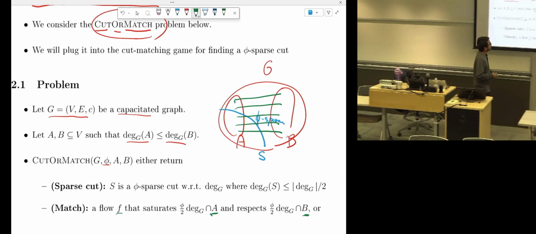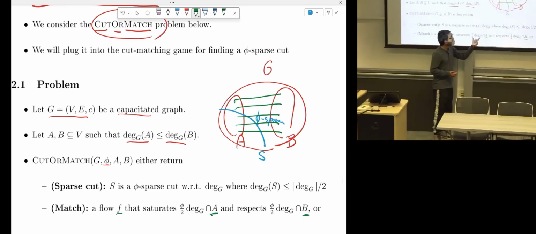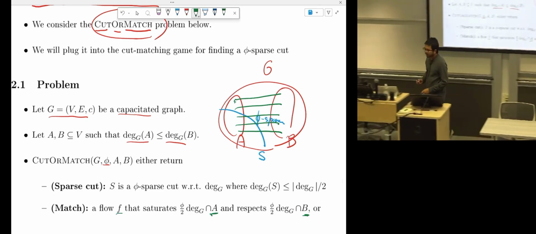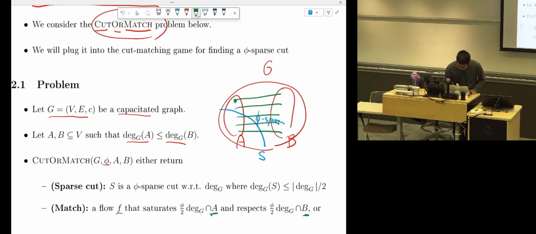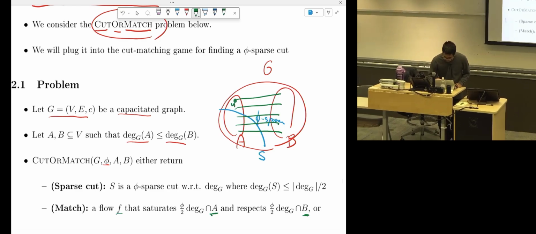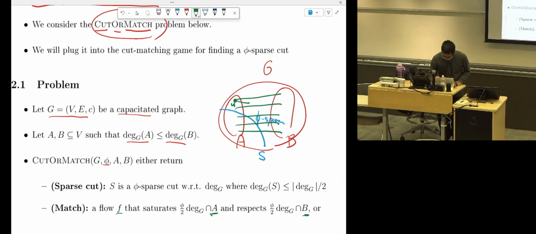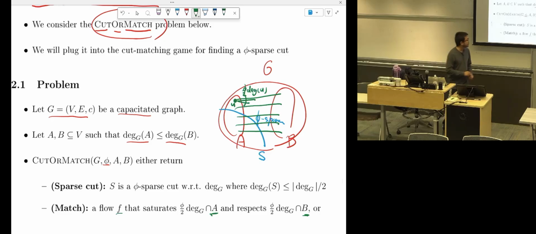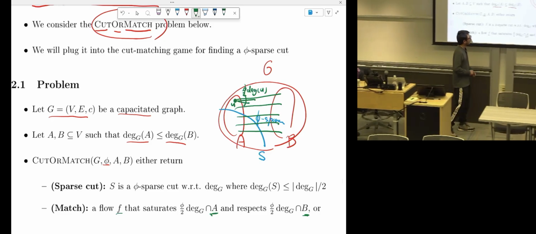By how much? Basically, for every node u in A, the flow that we send in total is degree of u times phi over 2.